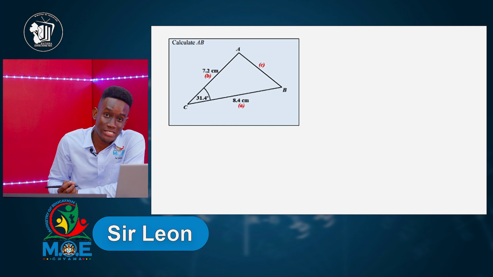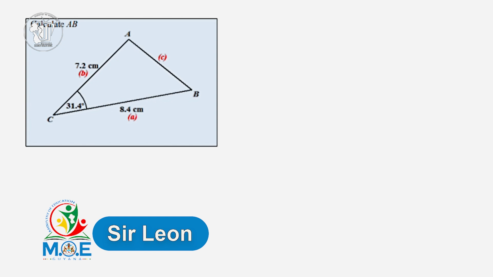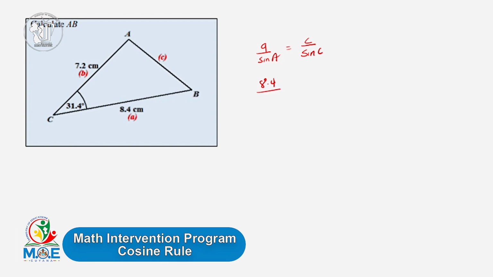Let's try to use the sine rule to see if we can apply it. This will be a over sine A is equal to c over sine C, since we're given angle C. So a would be 8.4 over sine A. Now we don't know what angle A is. This is equal to c over sine C, and we don't know what c is.